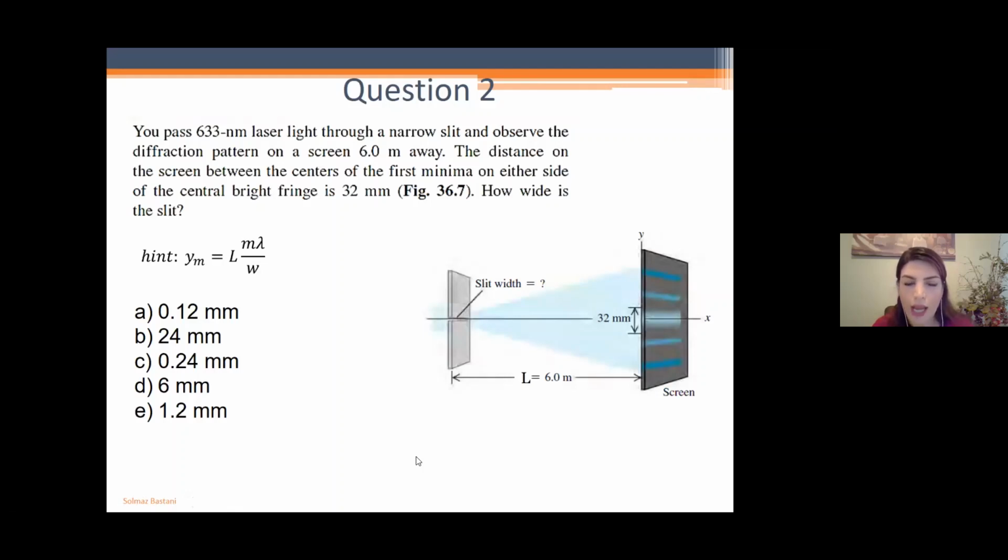Okay, and as a hint, this is the equation that you're going to use. Well, we have 4 minutes, so just 1 minute to solve this question.